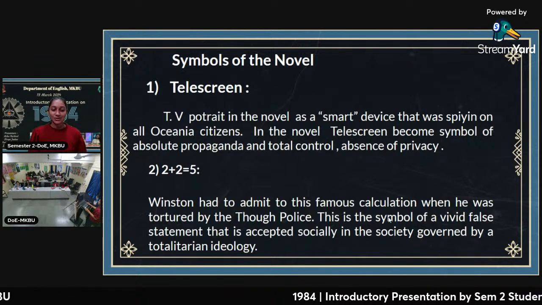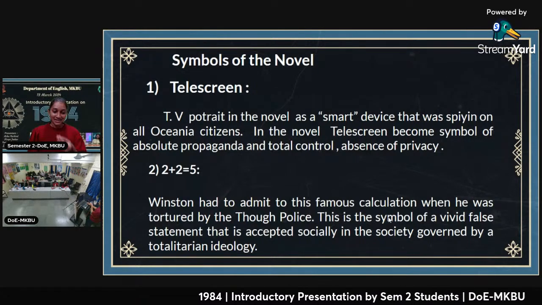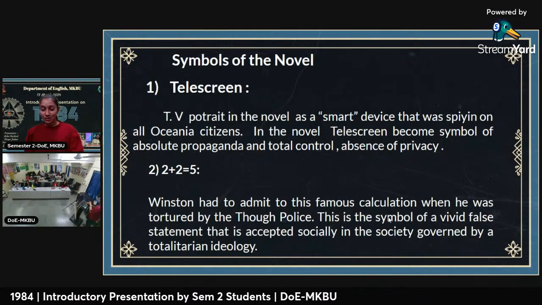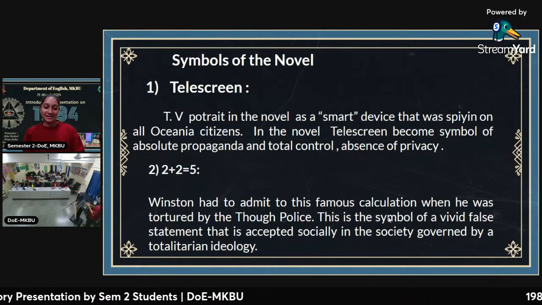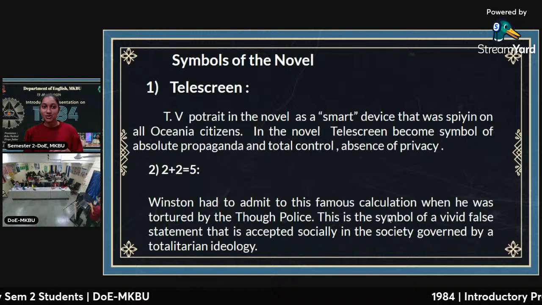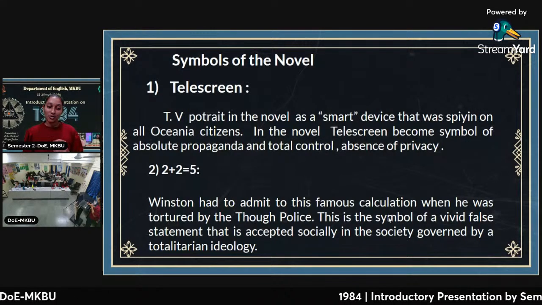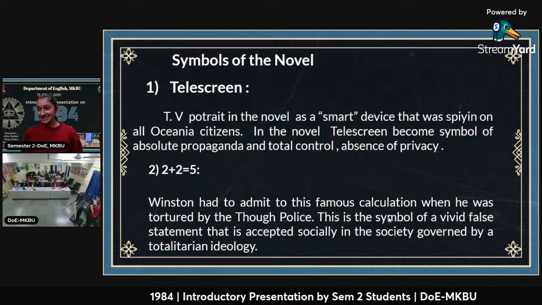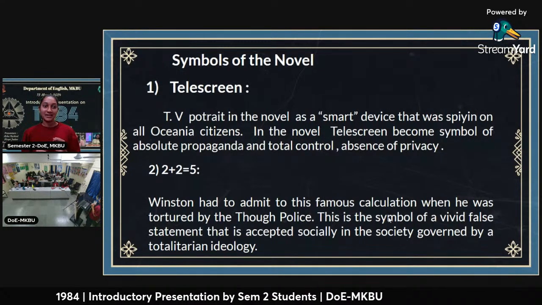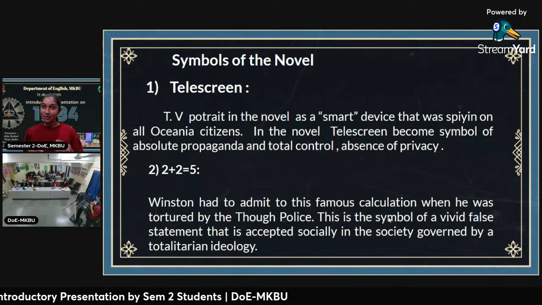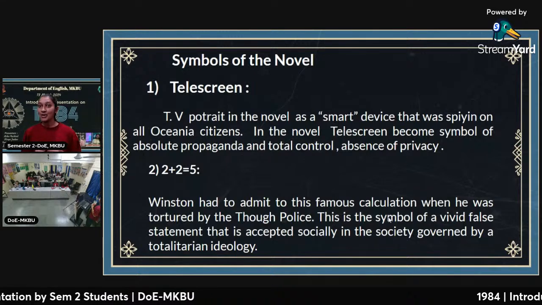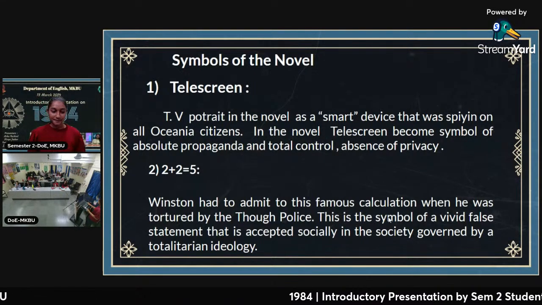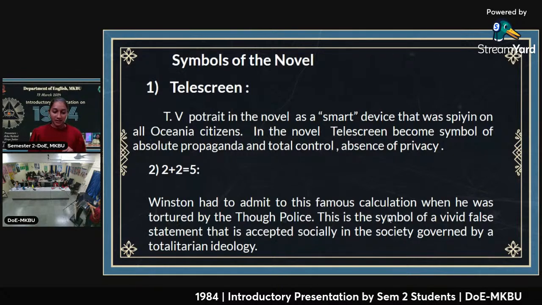Second one is 2 plus 2 is equal to 5. As Kusum mentioned, we know that 2 plus 2 is equal to 4. But in the novel, as a follower of Big Brother living in Oceania, you are forced to accept even that the sun rises in the north also. 2 plus 2 is equal to 5.